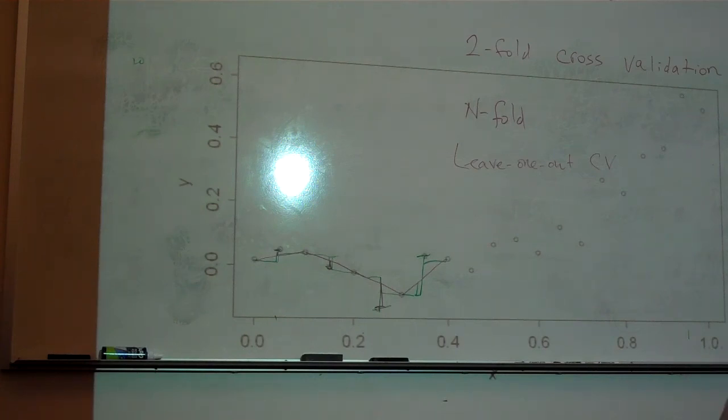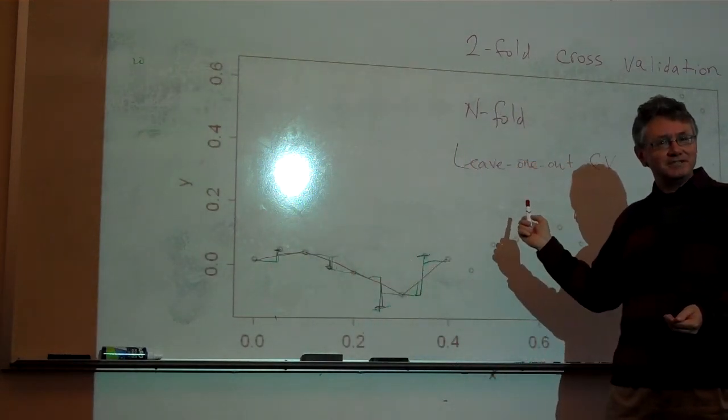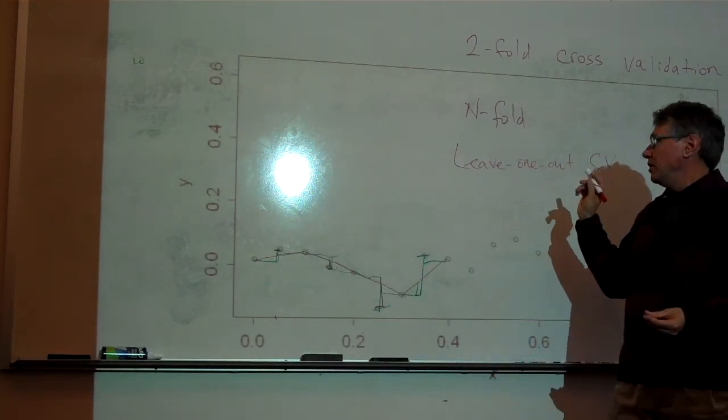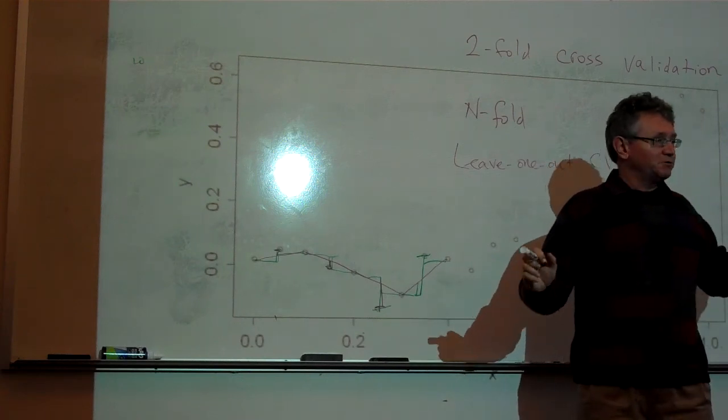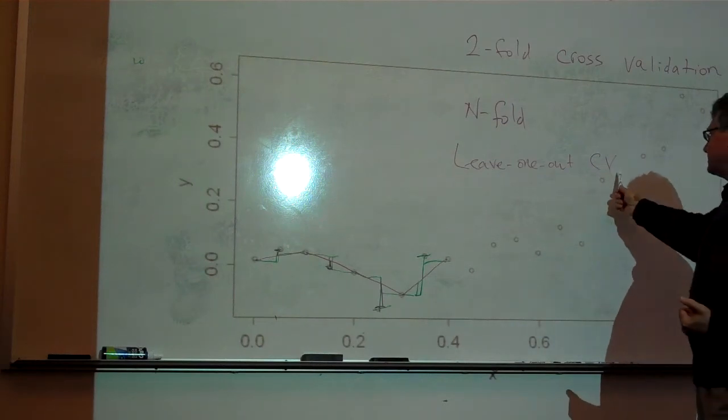So n basically is the number of times you have to fit the interpolation scheme to get your result. In this case, with this data set and using inverse distance methods, it's quite fast, and we can do leave one out cross-validation.